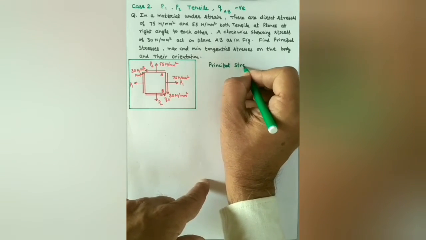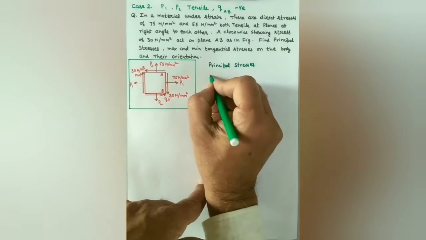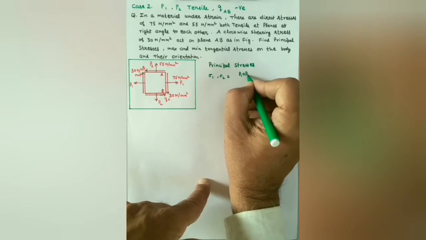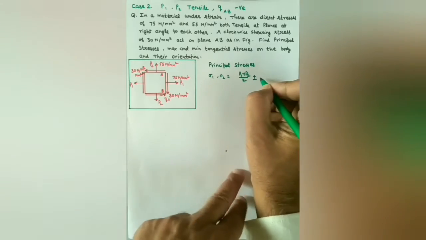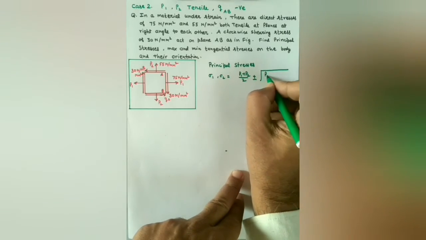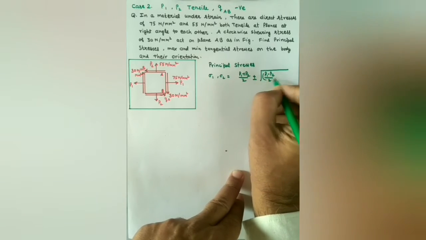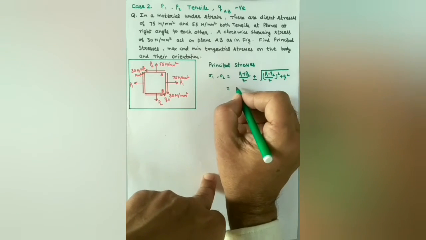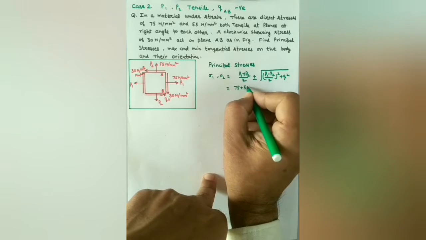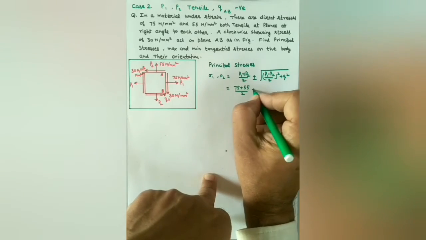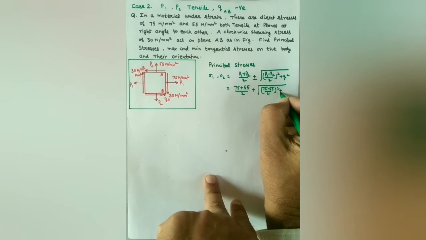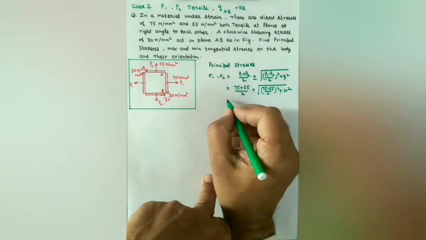So principal stresses sigma max and sigma min, sigma 1, sigma 2, are given by P1 plus P2 by 2 plus minus root of P1 minus P2 by 2 whole square plus Q square. So putting values for P1, P2 and Q, we have 75 plus 55 by 2 plus minus root of 75 minus 55 by 2 whole square plus Q is 30, so 30 square.